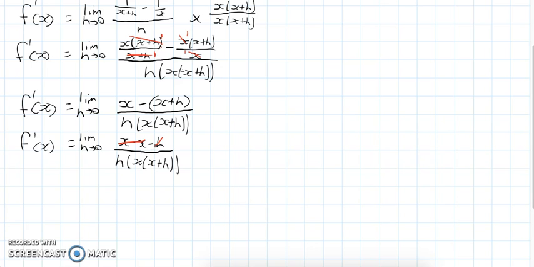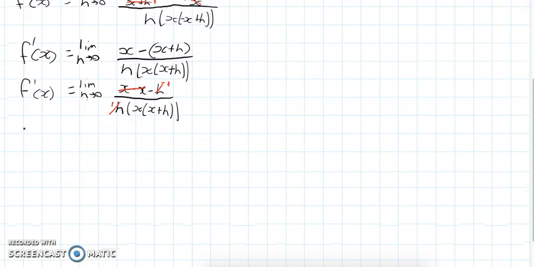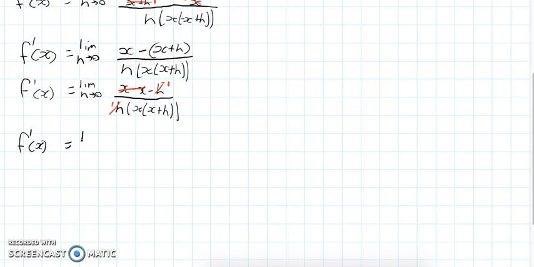The h's are also going to cancel out, leaving minus 1 and 1. And let's keep looking at it and see what happens next. So f dash x when h tends towards 0.